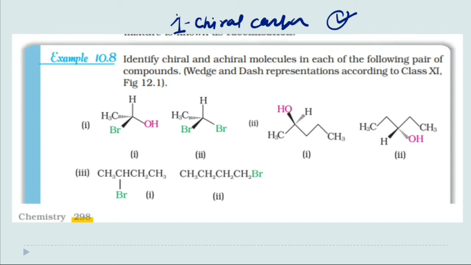You can blindly say that if there is just one chiral carbon, that compound will always and always be optically active. But if there is more than one chiral carbon, it may or may not be optically active. In that case, we have to check the element of symmetry. Like we discussed in the previous example, there were two chiral carbons, but a plane was also there, so that compound as a whole was optically inactive.